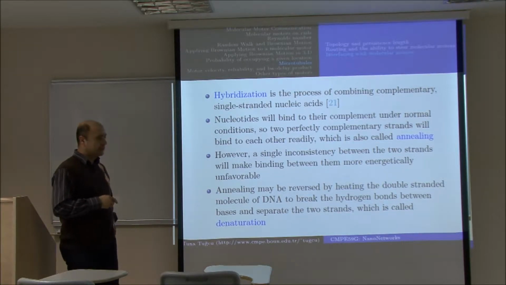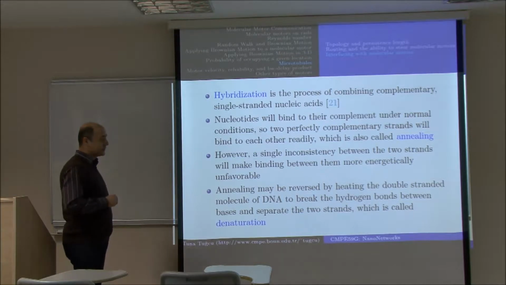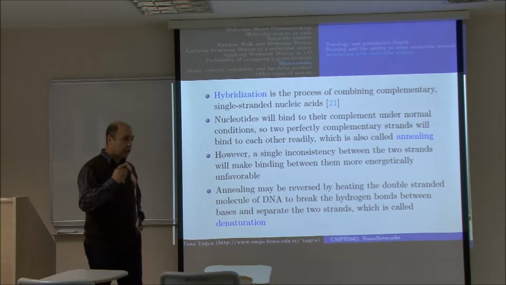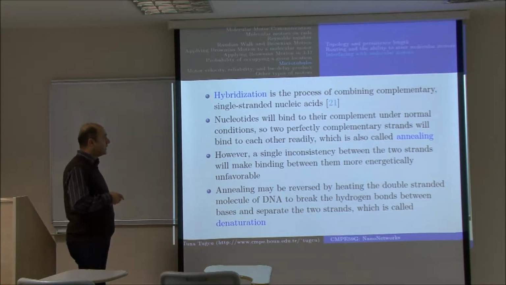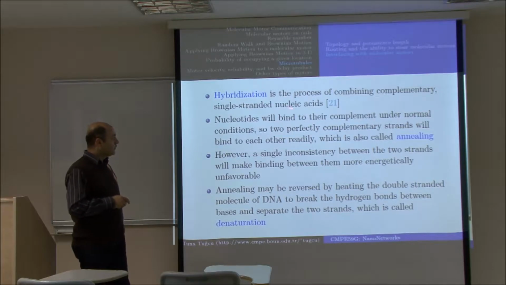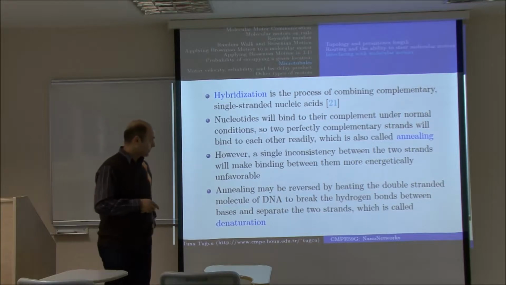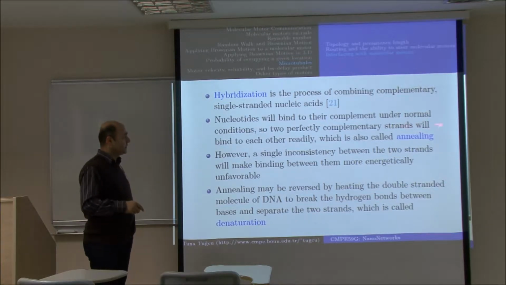We have the nucleotides on these nucleic acid strands, and these will typically bind with their complements on the other side under normal conditions. So if you have two perfectly complementary strands, these will attach together very nicely and form that famous double-strand DNA form. And this process is given the name of annealing.